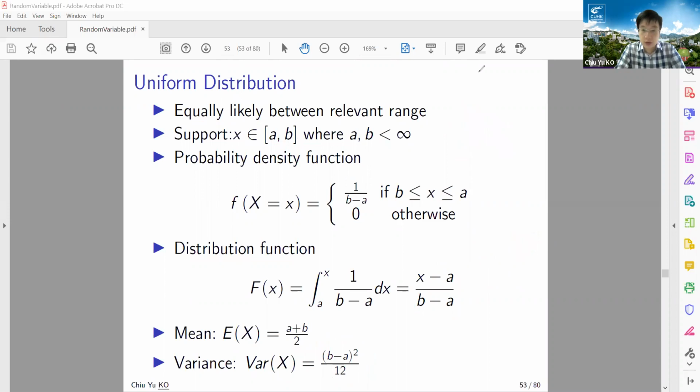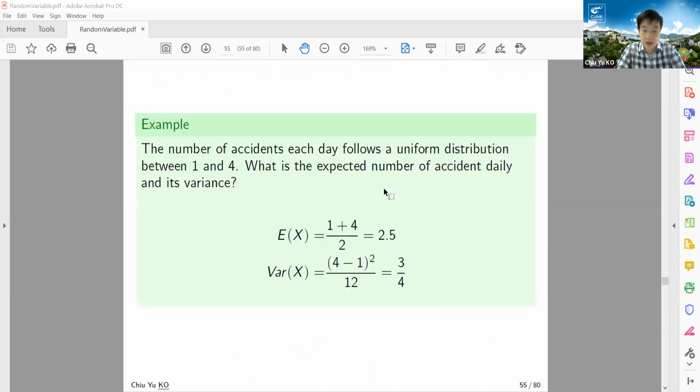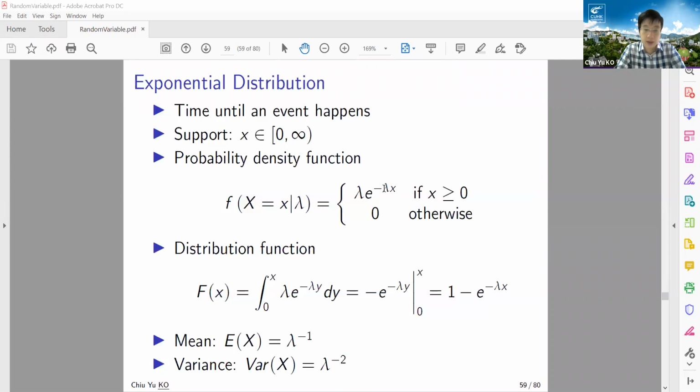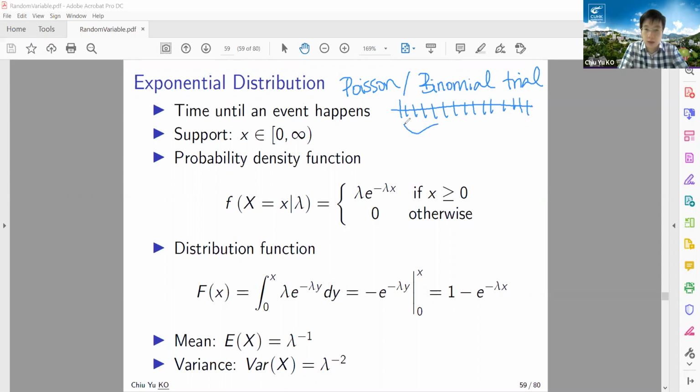And the next one we cover is exponential. We covered it in the last class. Just to recall, what is exponential? It's related to the idea of a binomial trial, or indeed it's related to Poisson, right? There were n trials, each with probability P of success, and 1 minus P is failure.